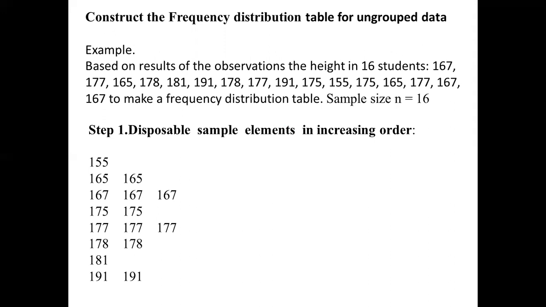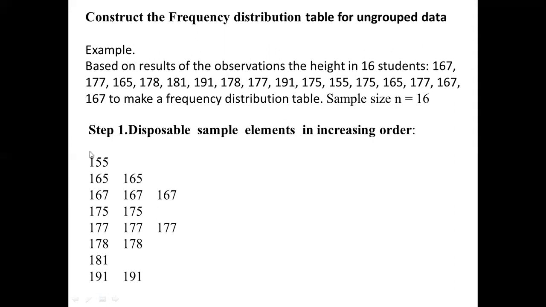Example: based on results of the observations, the heights of 16 students, we have to construct a frequency distribution table. Step number 1, arrange the sample elements in increasing order, like this one.